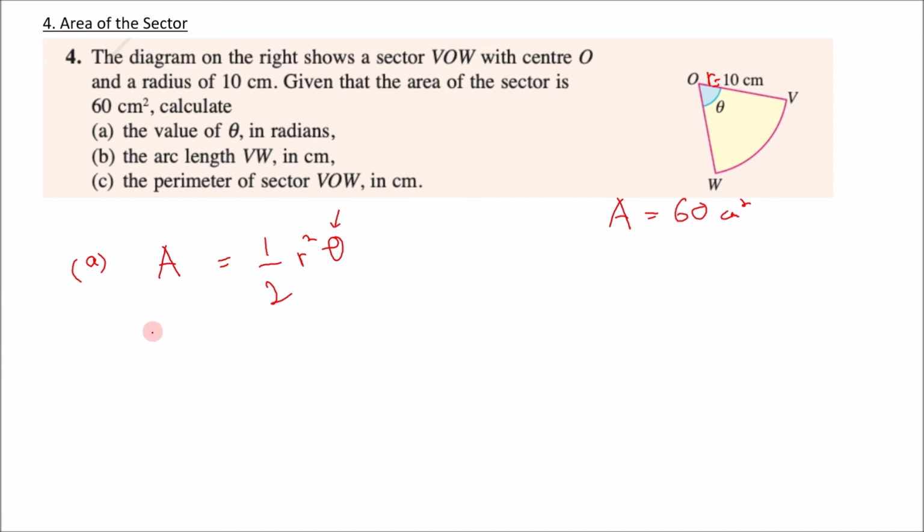Okay, just input the values first. 60 equals 1 over 2, r is 10 squared, and then theta. So 60 is equal to 10 squared, which is 100, divided by 2, times theta. 100 divided by 2 is 50.